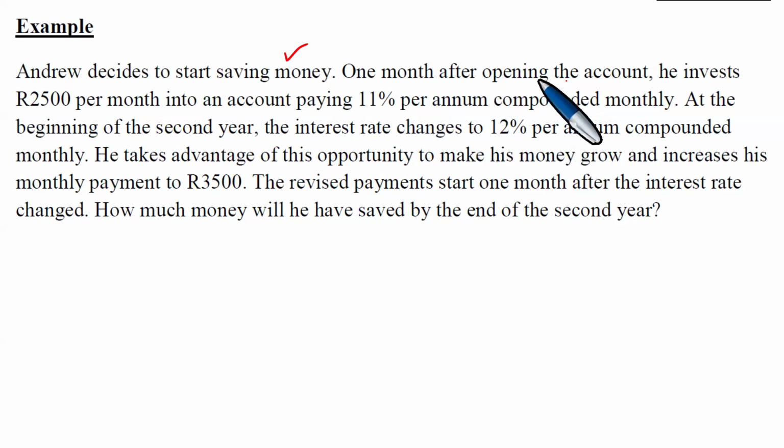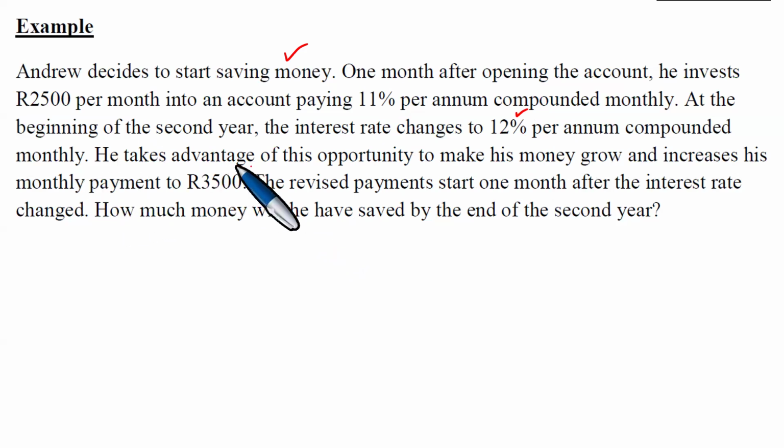One month after opening the account, he invests 2,500 per month into an account paying 11% per annum compounded monthly. At the beginning of the second year, the interest rate changes to 12% per annum compounded monthly.